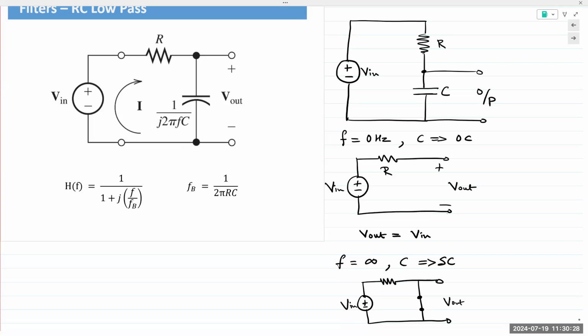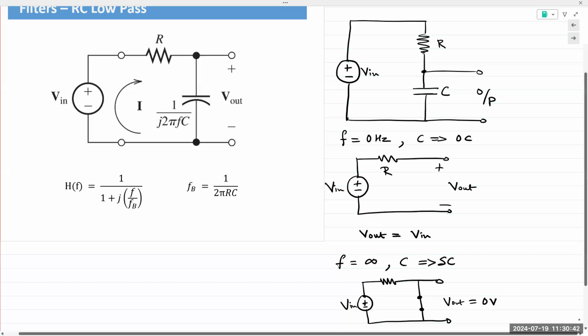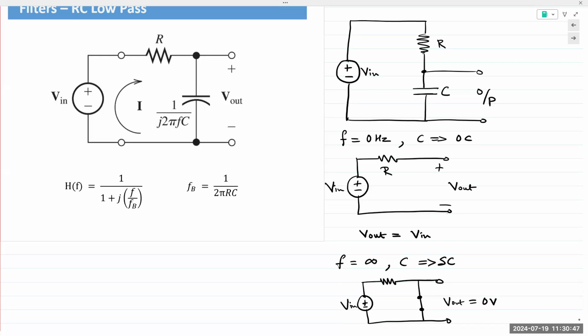If you measure voltage at the same node, what is it that you're measuring? Zero volts. Output drops to zero, right? It's the exact same node. They are connected together, like a short circuit wire. So V out is equal to zero, which means output is being blocked.